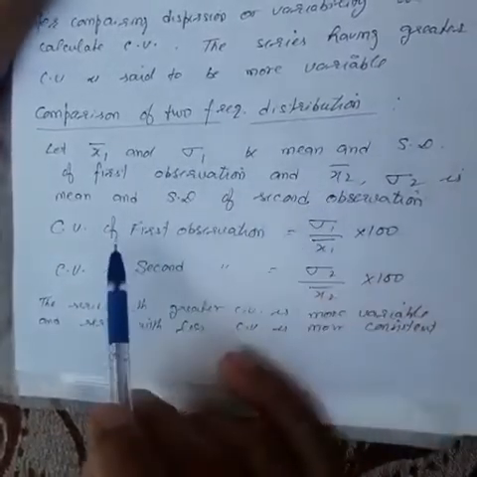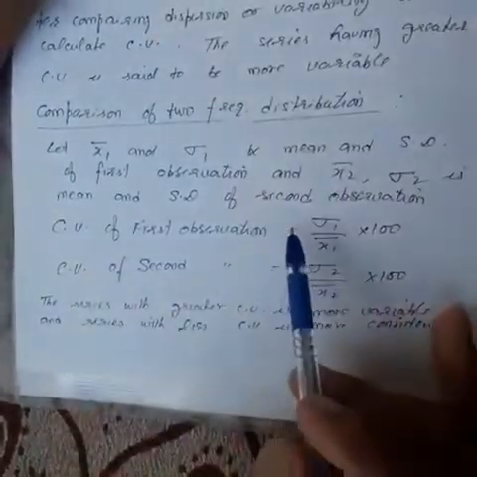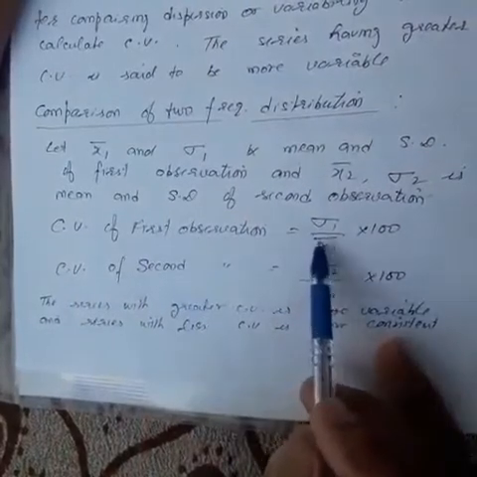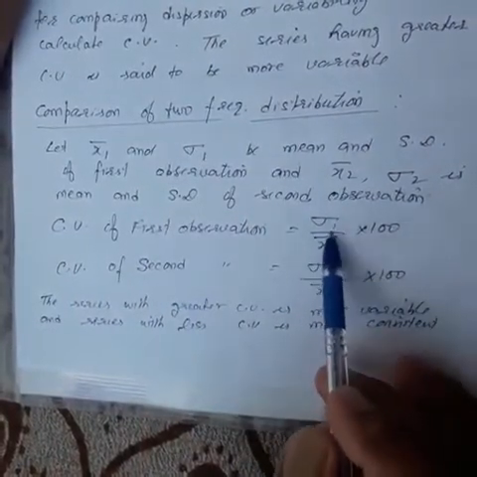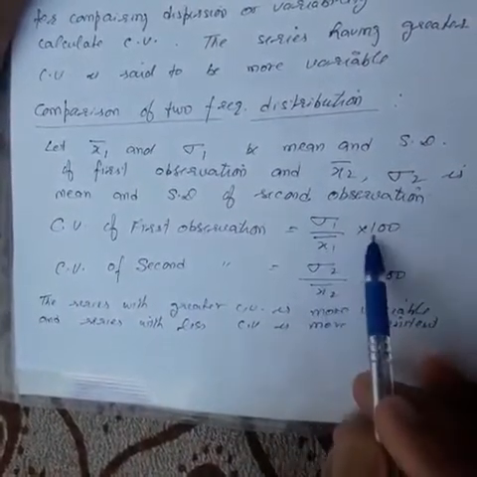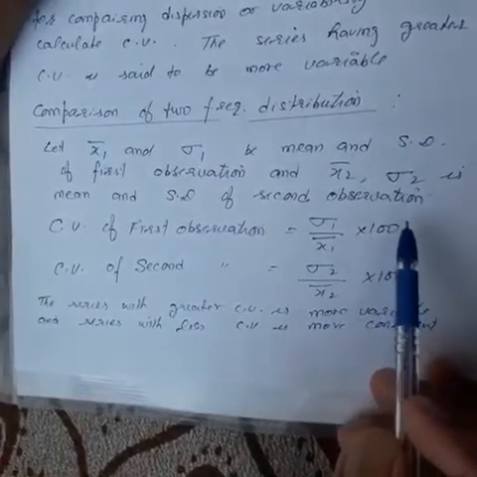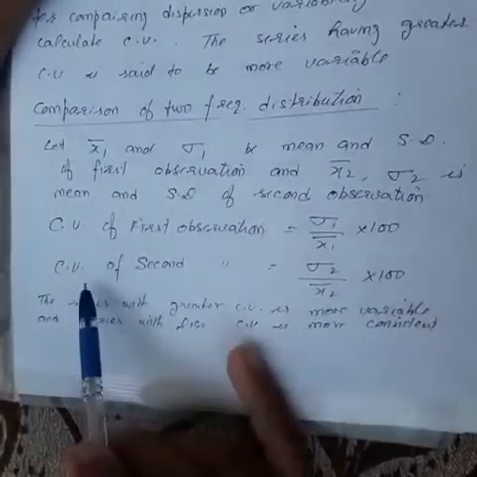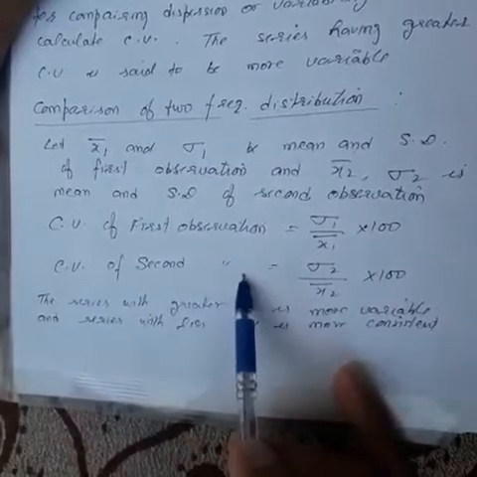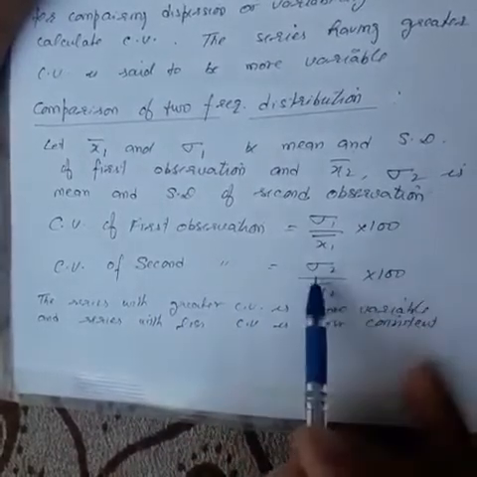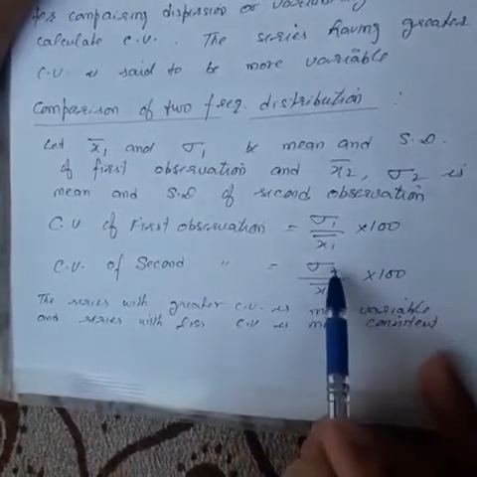We calculate the coefficient of variance for the first observation using the formula standard deviation divided by mean, multiplied by 100. Similarly, calculate the coefficient of variance for the second observation using the same formula, with the standard deviation and mean of the second observation.